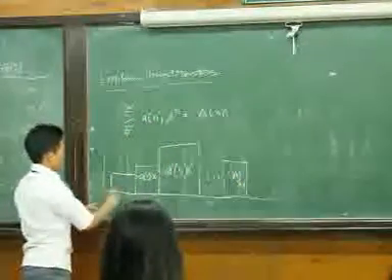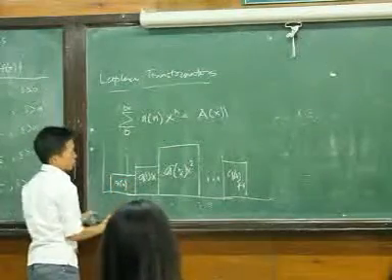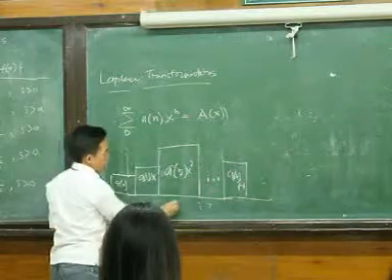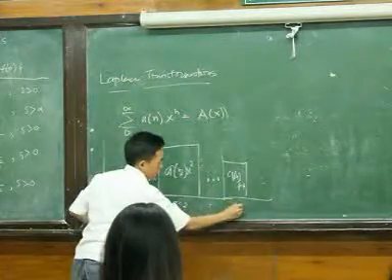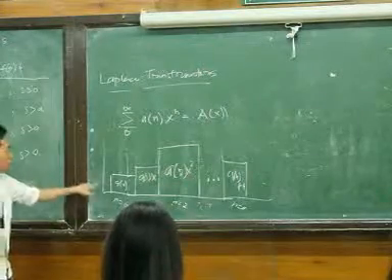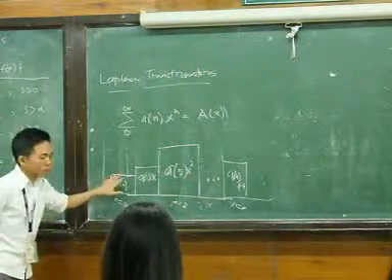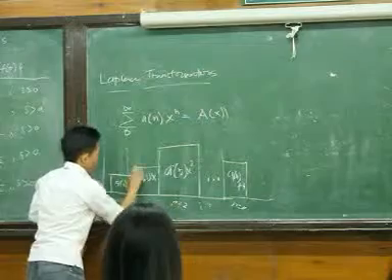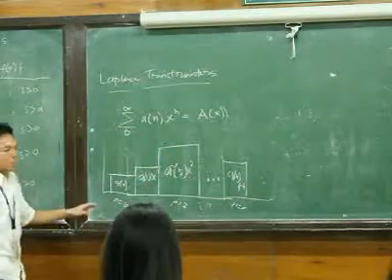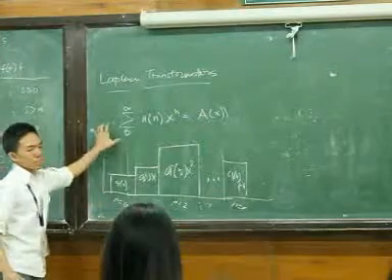So here, this is a of 0, when n equals 0, when n equals 1, when n equals 2, and when n equals n. Basically, the area under this graph, or the sum of the area of those boxes, is what is meant by this discrete summation.